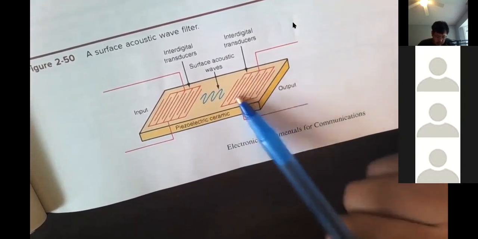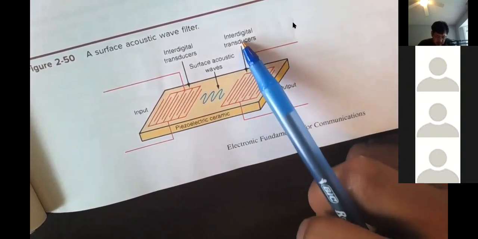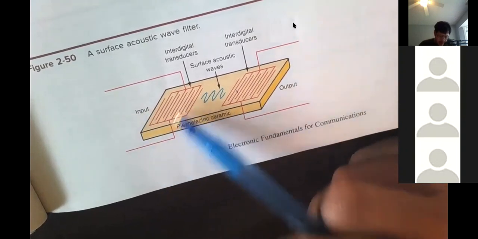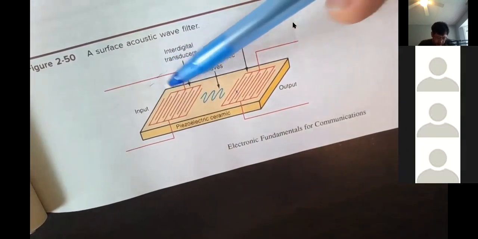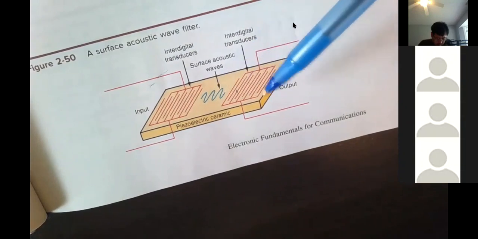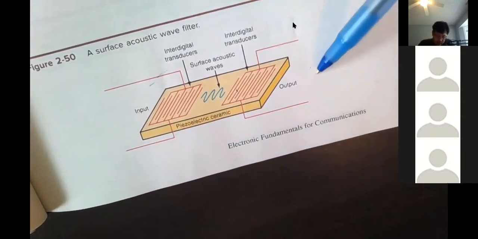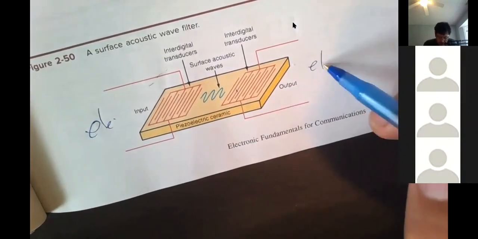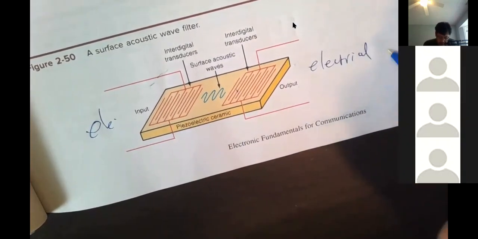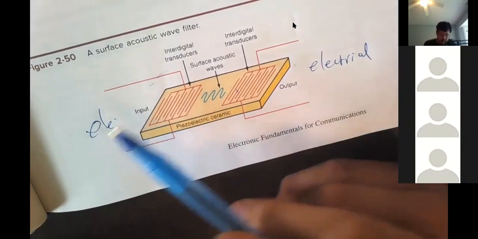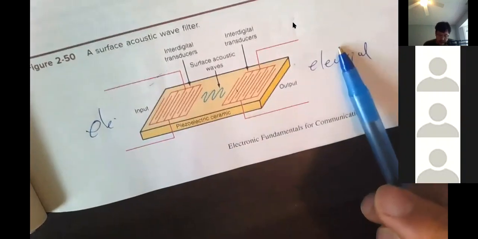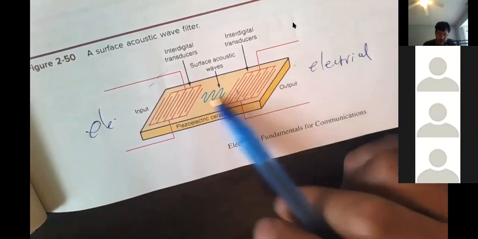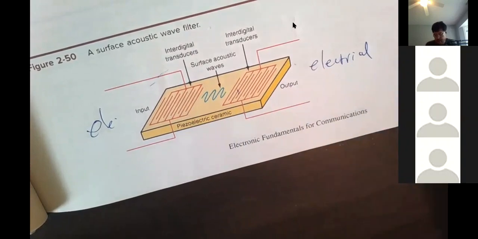The opposite side is the receiver, and this is the transmitting side. So energy goes from electrical to mechanical, and mechanical back to electrical. Electrical in, electrical out. This is the filter, so only certain frequencies pass through.